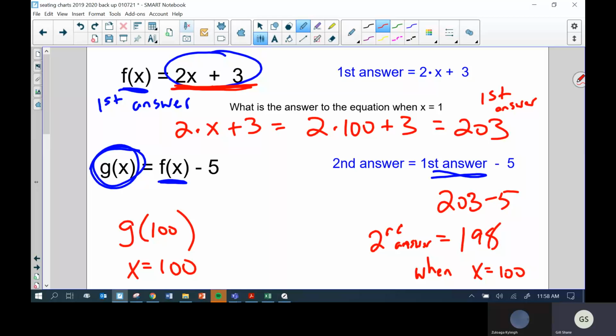So again, over here, my second answer, G is the second answer, when x equals 100, was 198. All right, so now let's go back to the first page.